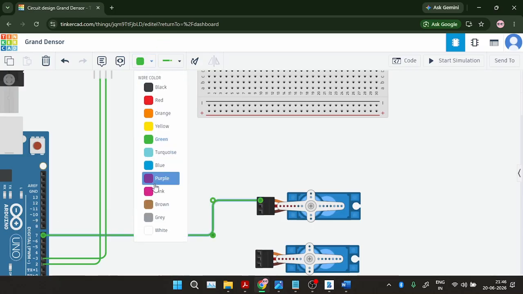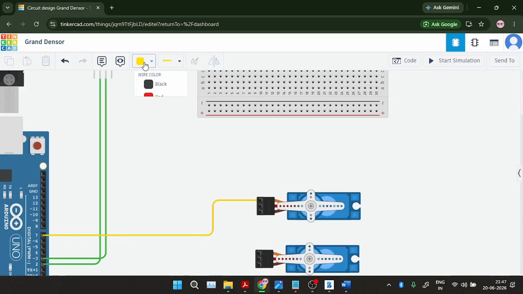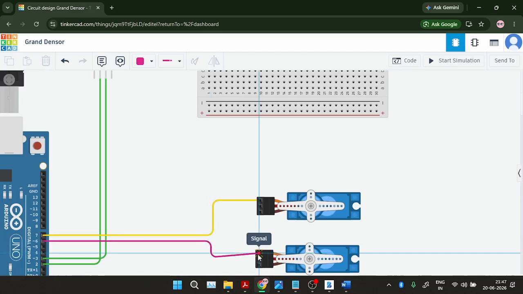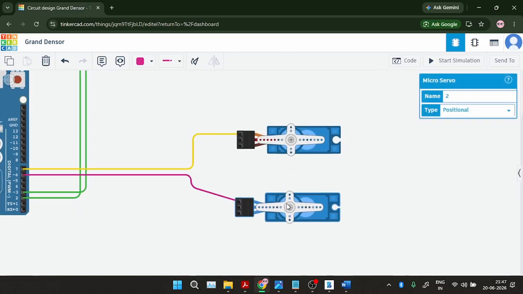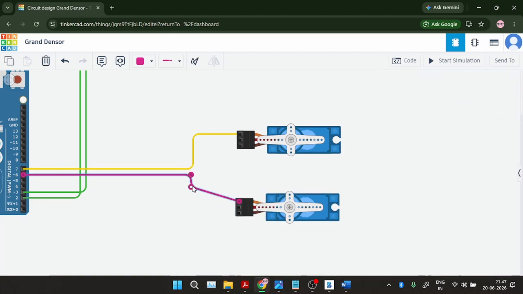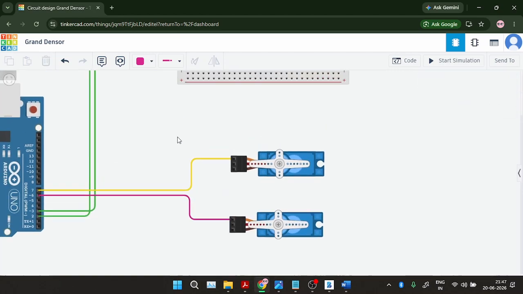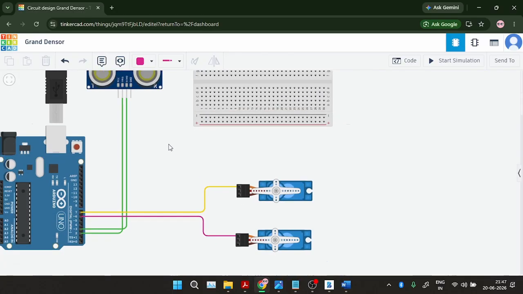Oh, I have already used the green. No, let it be yellow and pink for this one. Okay. Yeah, that's it. Those are the basic connections.